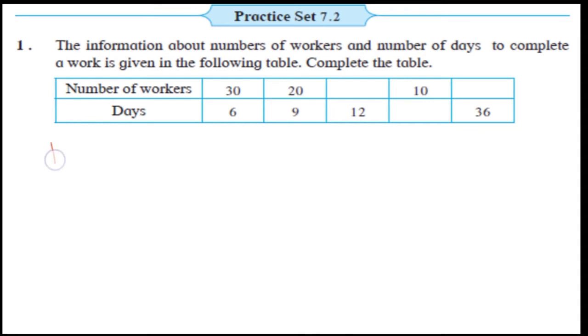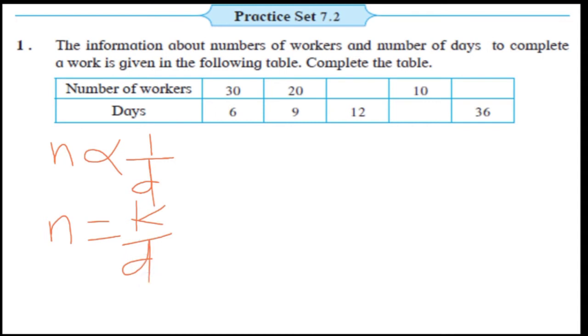Therefore, n proportional 1 upon d means n is equal to k upon d, or n multiplied by d is equal to k means constant, is the equation of variation. N multiplied by d is equal to k is the equation of variation, where k is the constant of variation.